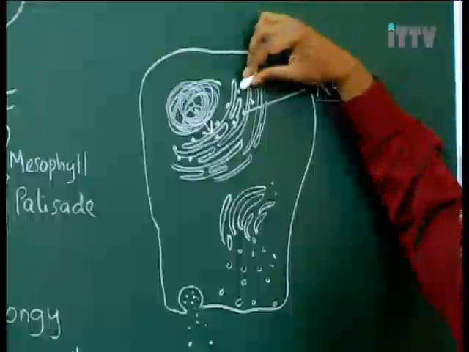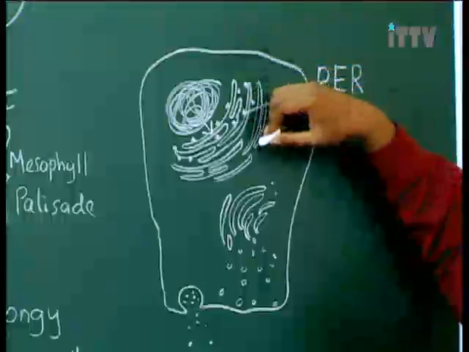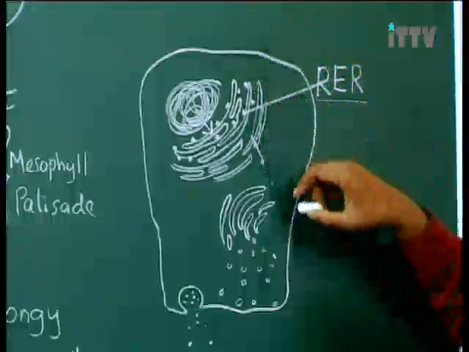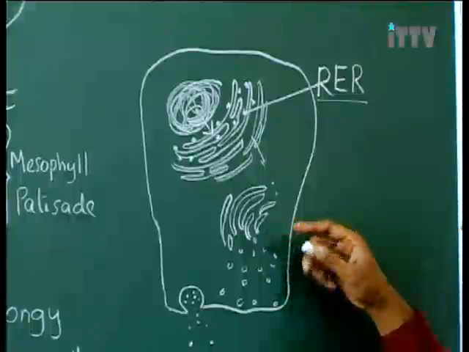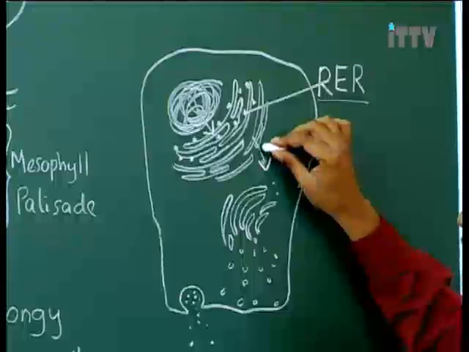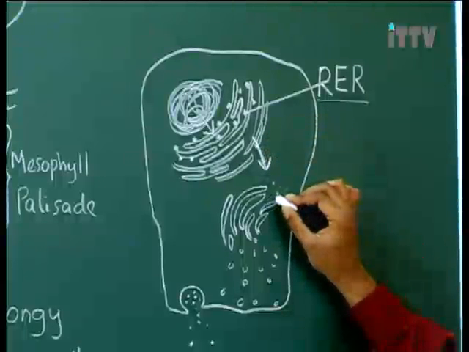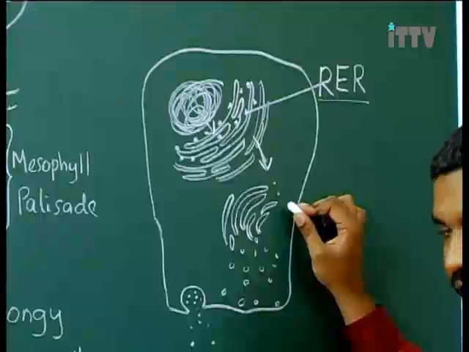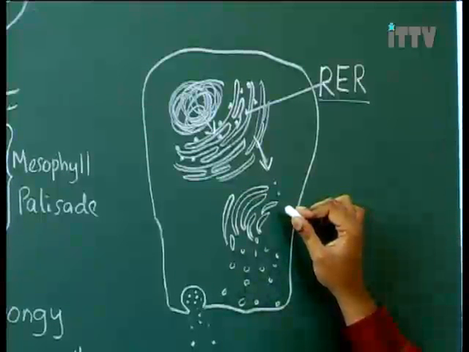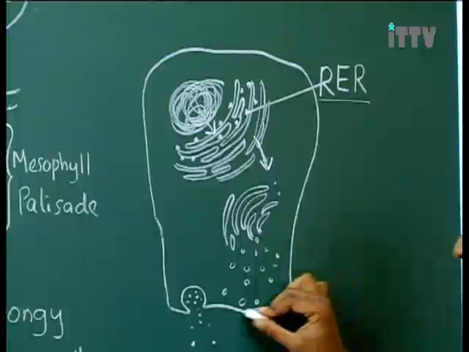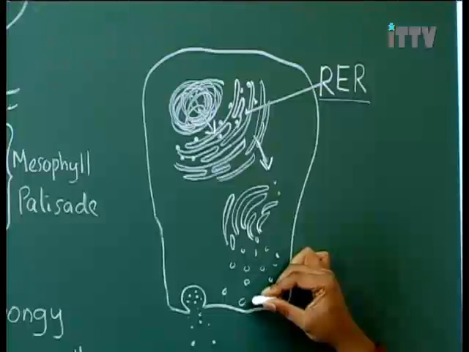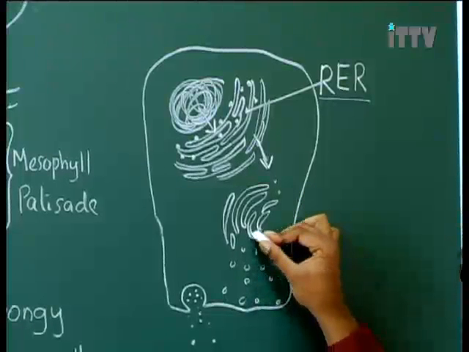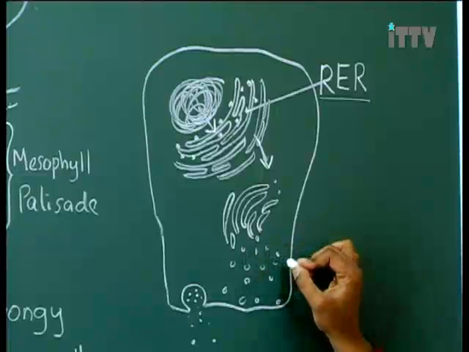So new protein molecules are built here and they are passed to the Golgi apparatus. Upon reaching the Golgi apparatus, these proteins will be modified. Once they are modified, they will be thrown towards the plasma membrane. Can you see? They are thrown towards the plasma membrane, encapsulated in vesicles.